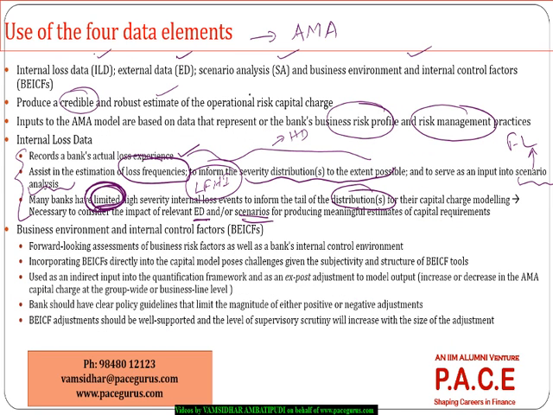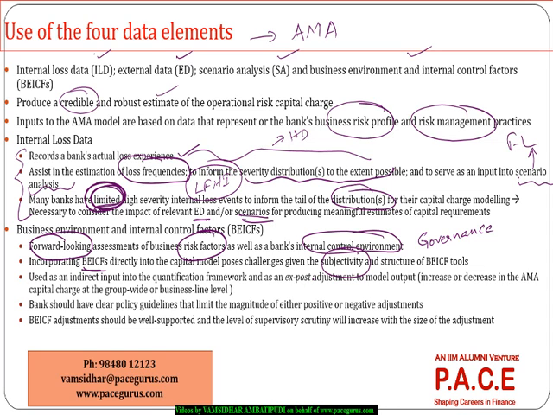And finally, coming to the business environment, again, this is also a forward looking assessment of the different kinds of risk factors the business is facing, and the controls and governance mechanisms which exist within the bank. So if I am incorporating all these things into the capital model, there is a lot of subjectivity, right?